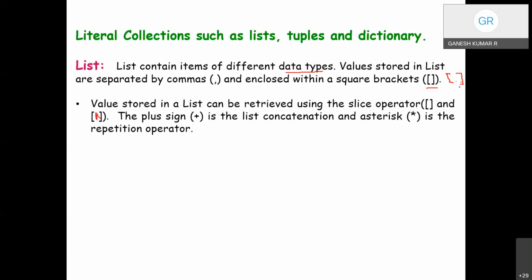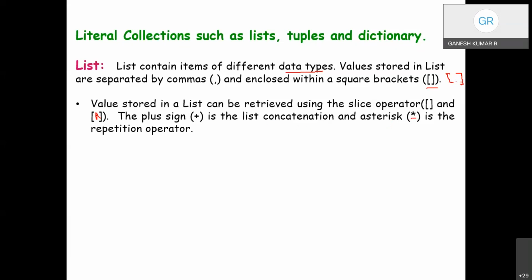If a list has 10 members and we don't want to access all 10, but only a selection of our choice, for example 3 or 4, they can be retrieved by using the slice operator. The plus operator is used to concatenate two or more lists, and the asterisk can be applied to repeat, to duplicate the list.